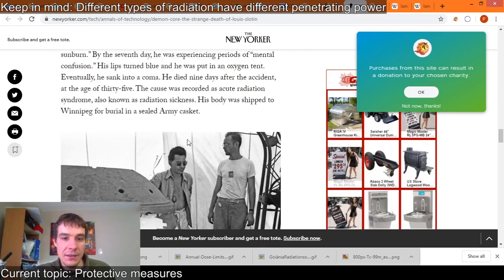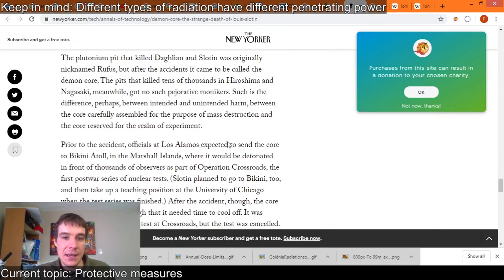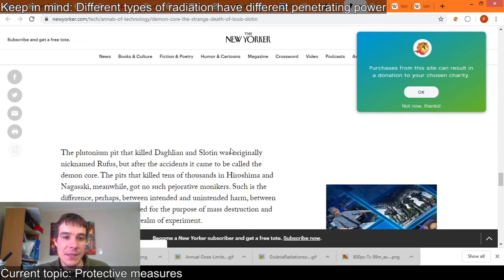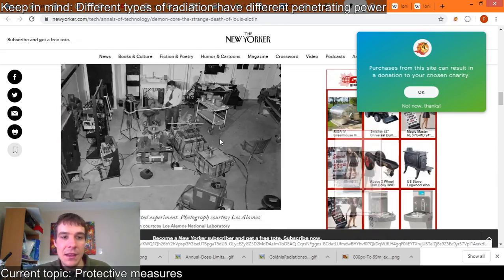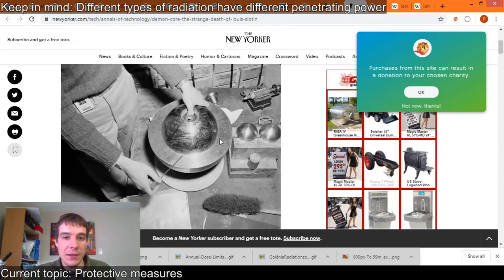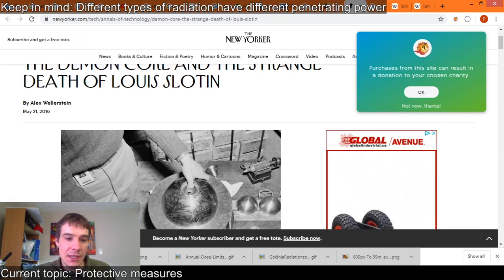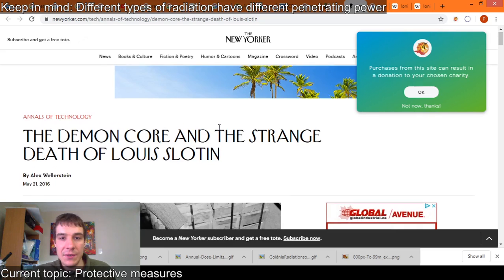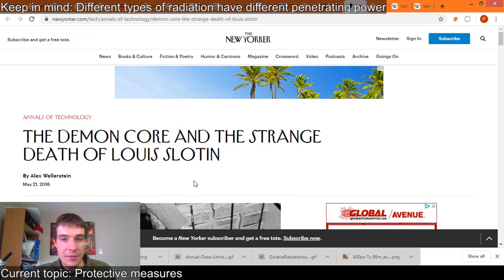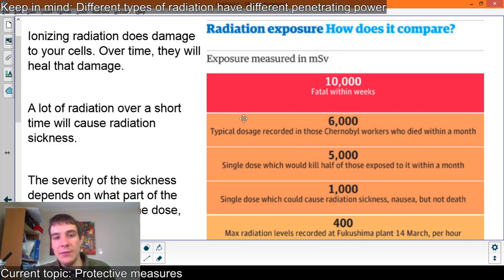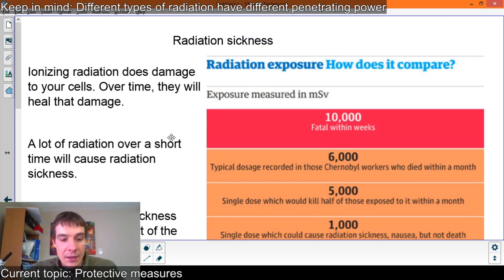But he decided to basically dedicate his body to science while he was still alive, because he knew he was going to die, and he let them do all kinds of medical tests and stuff on him as he was slowly dying from radiation sickness over a matter of weeks. Really cool story. Please read that. Really cool. Sad, but cool.